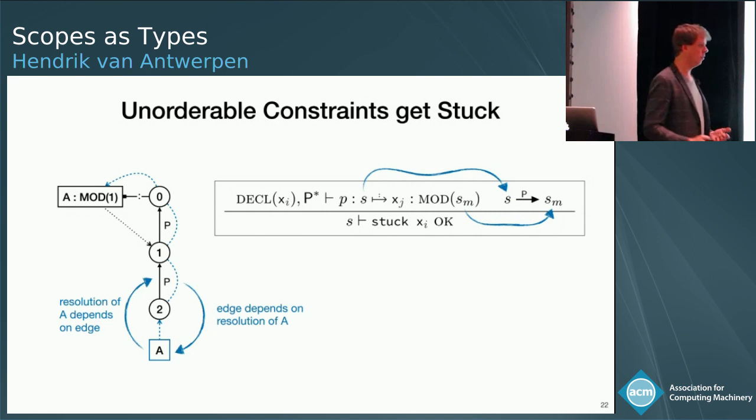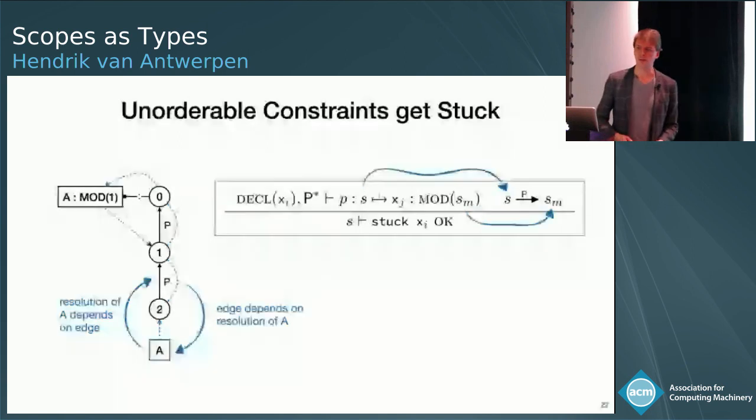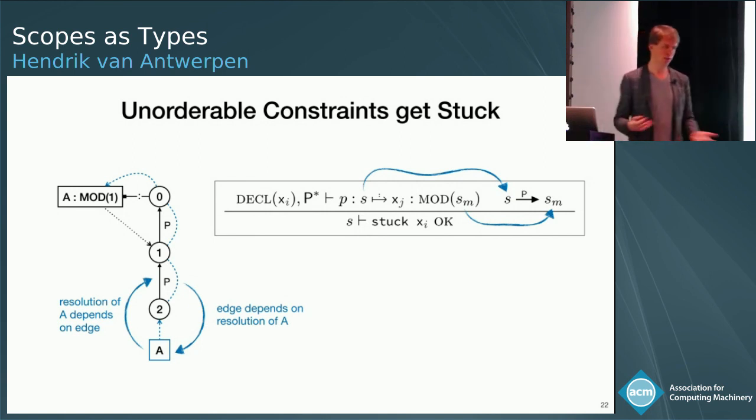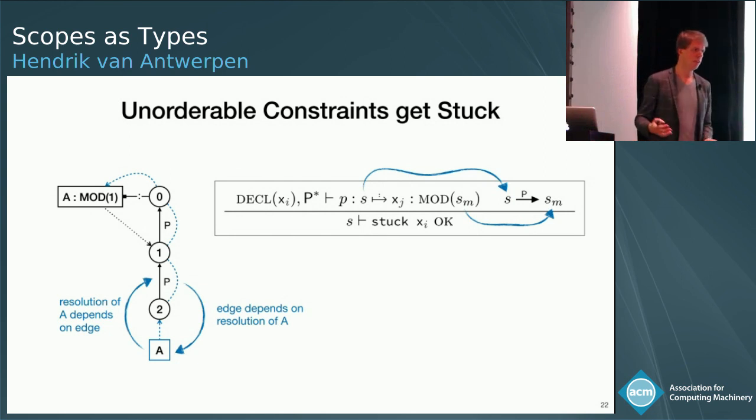Obviously, these kinds of situations we do not solve. Here, a constraint solver would get stuck, and you would get an error that not all the constraints could be resolved. Obviously, you want to avoid writing these kinds of cyclic dependency patterns in your specification.